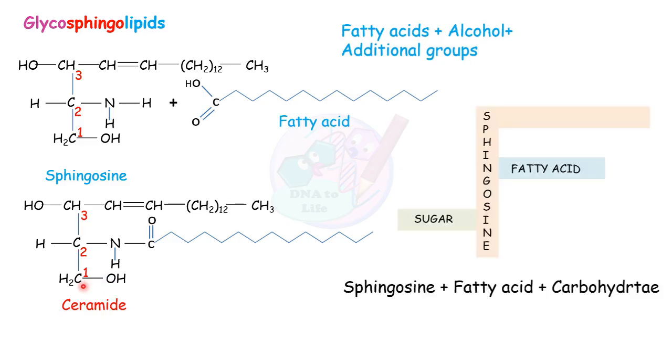So basically glycosphingolipid is this. It can be represented like this. We represent sphingosine as an inverted L, and here the fatty acid is attached and the sugar faces the outer leaflet, the extracellular environment. So this is the representation of glycosphingolipids.